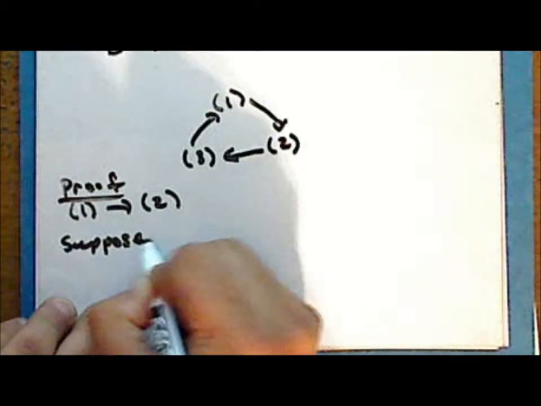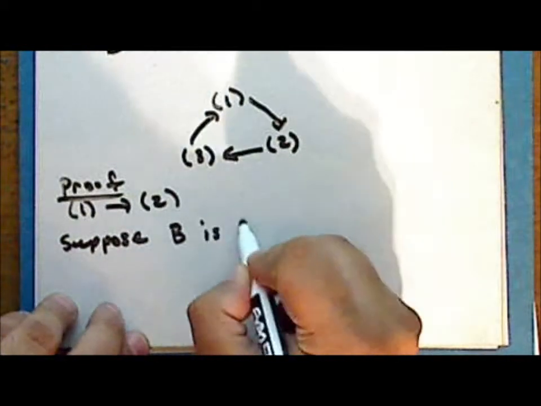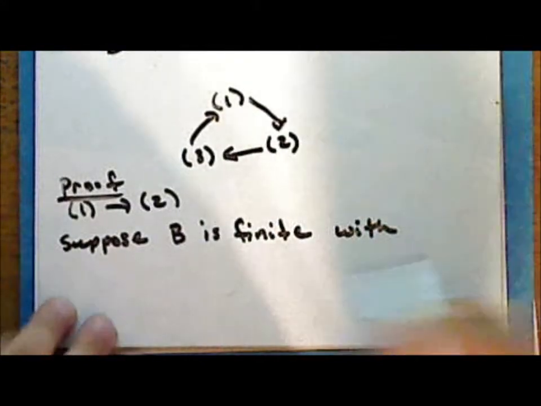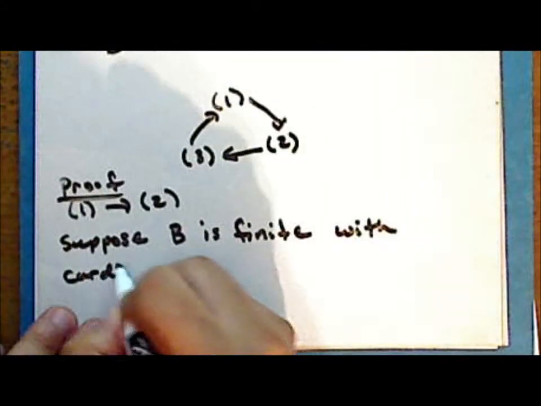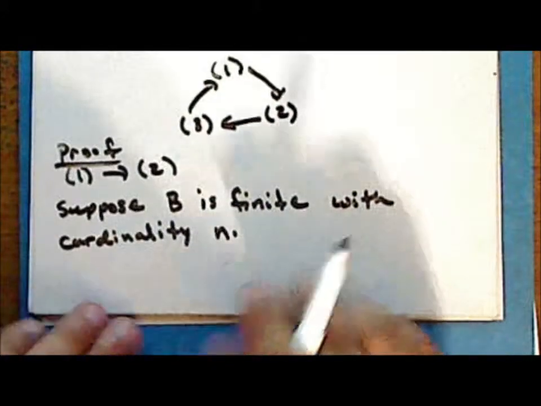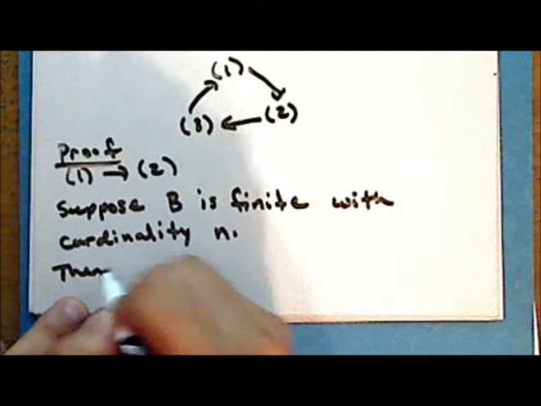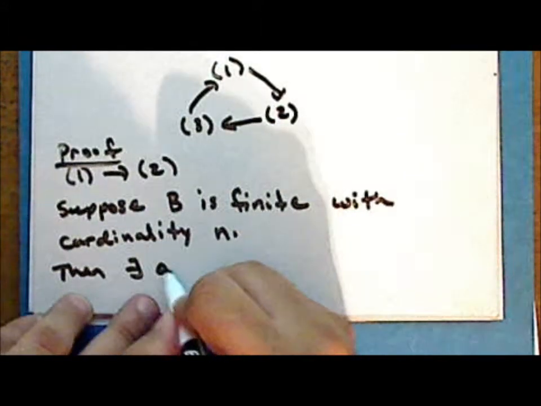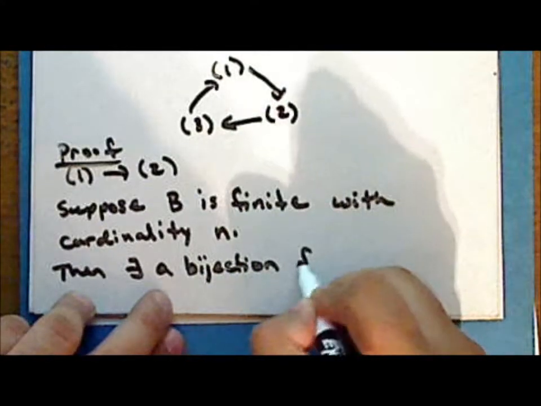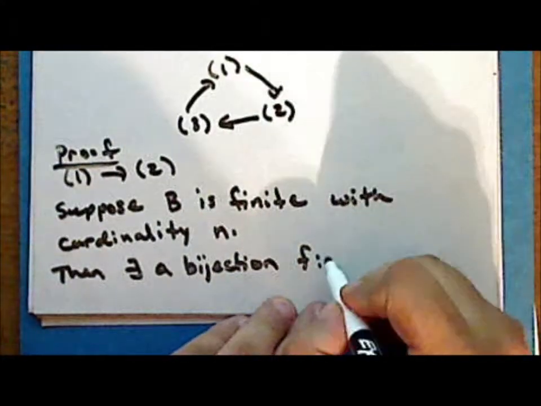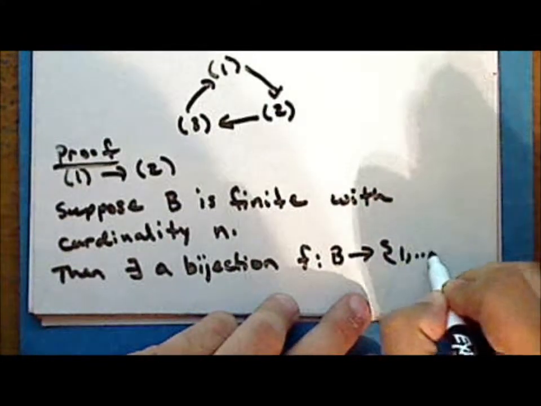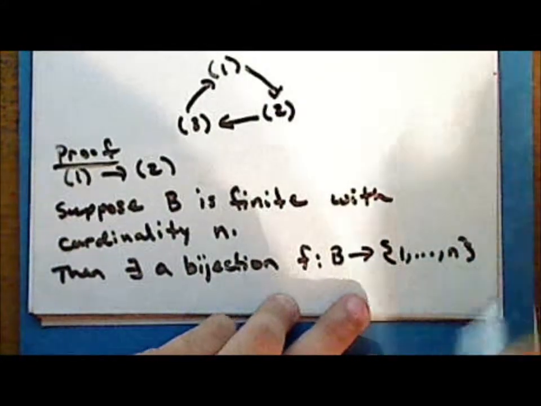Suppose that the set B is finite with cardinality n. Then, by definition, there exists a bijection, which we'll call F, mapping the set B into a finite subset of consecutive positive integers from 1 to n.